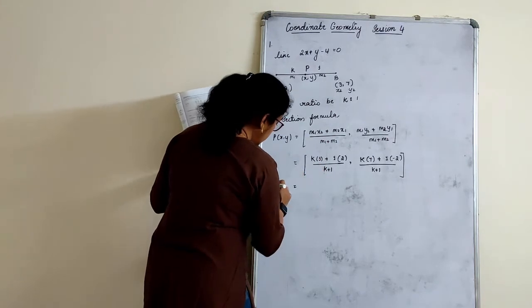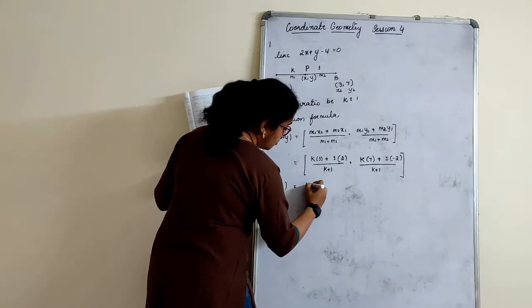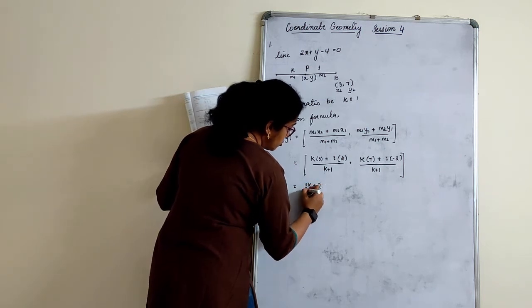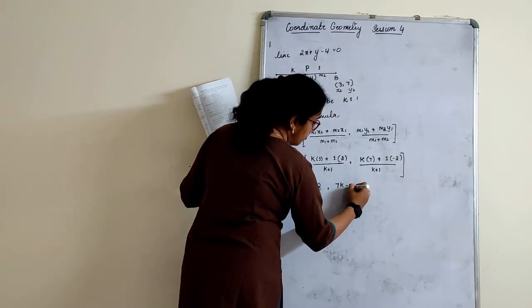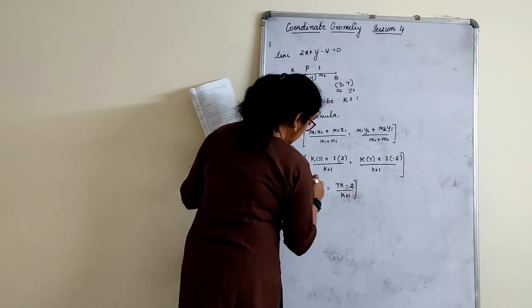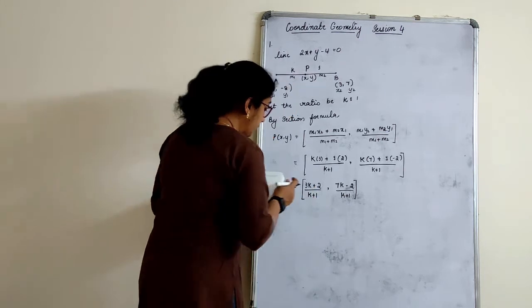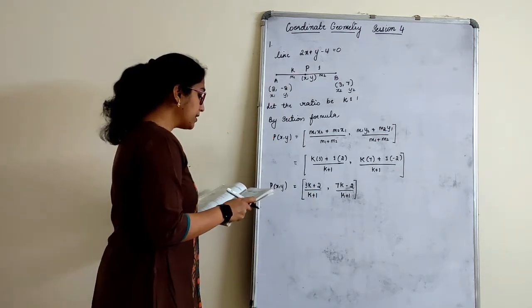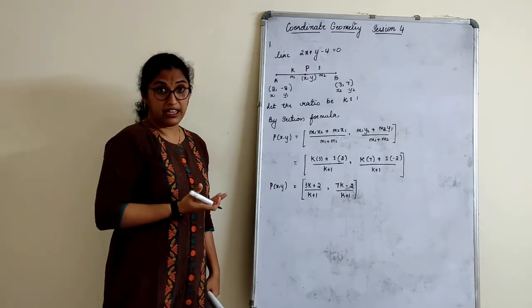So P(x, y) is equal to (3k plus 2) divided by (k plus 1), comma (7k minus 2) divided by (k plus 1). Now these are the coordinates, that is what we got in terms of section. But now here children, we have to actually get the value of k ratio.